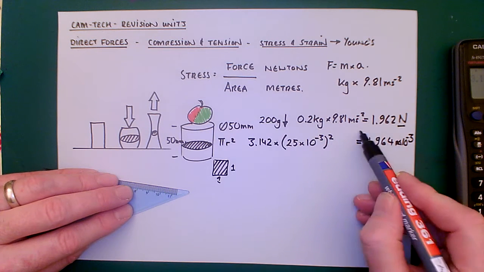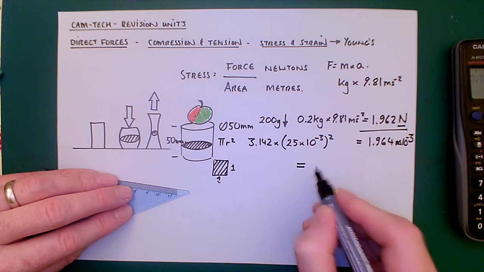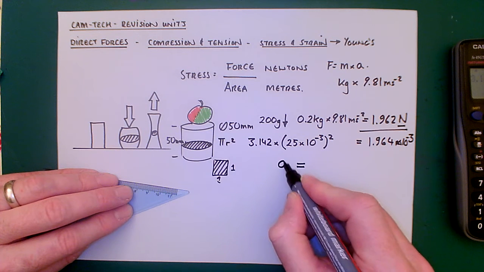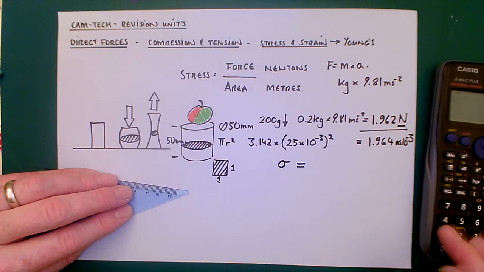Force divided by area. So the stress, this is the symbol for stress, is 1.962 divided by 1.964 times 10 to the minus 3.